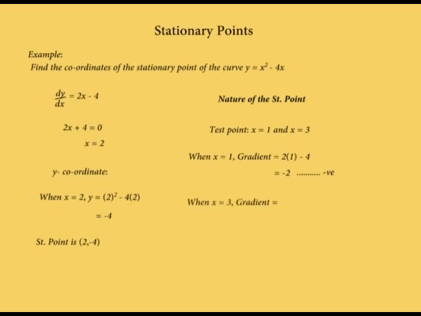When x is equal to 3, we substitute 3 into the gradient function. 2 times 3 minus 4 gives us 2. So the gradient to the right is positive. The gradient changes from negative to 0 and then to positive. So that looks like this. It is a minimum stationary point.